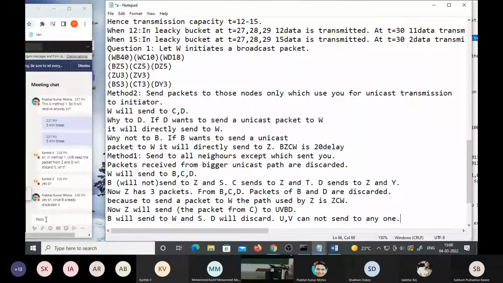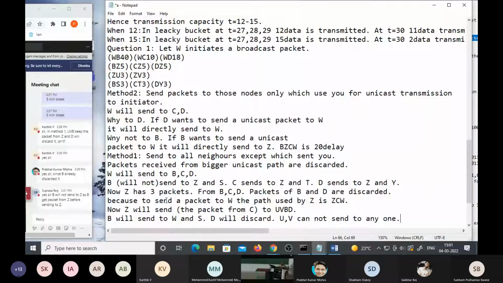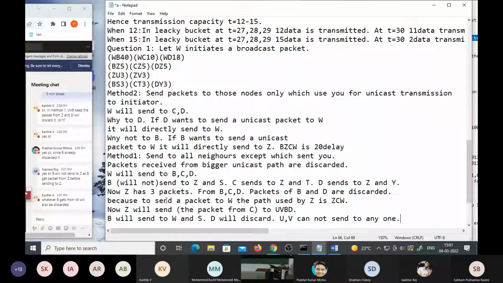It means previously whatever I have taught in normal time, it was wrong. That is correct. Roy, you are correct. That is what I have written. B will not send to Z and S. It means discard.